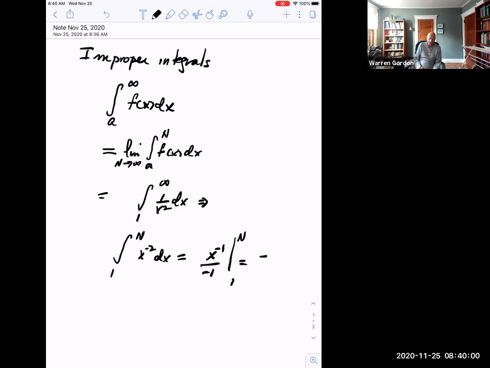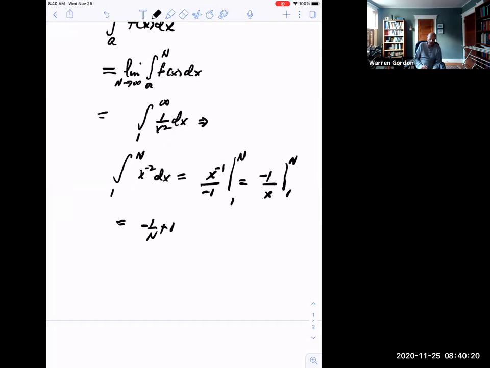And this is just minus 1 over x as x goes from 1 to n, or minus 1 over n plus 1.